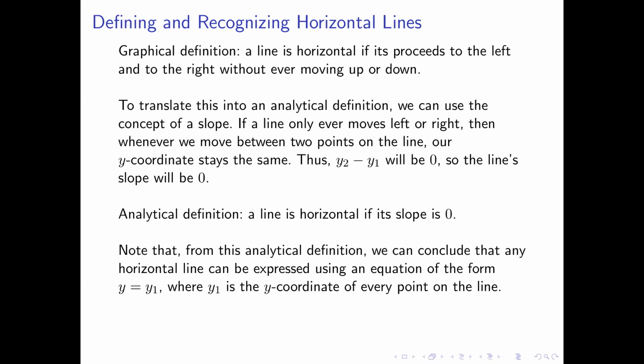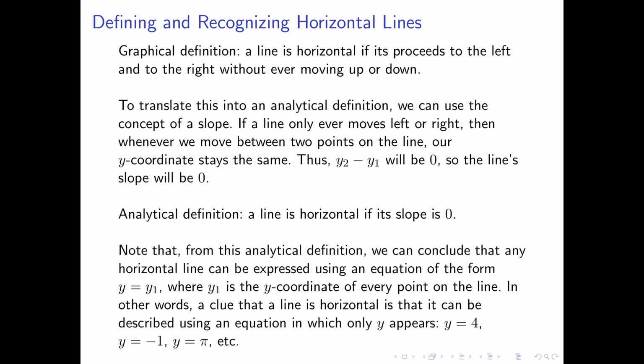And from there, we can draw a further conclusion. If you have a horizontal line, an equation for it can always be written in the form y equals y1, where y1 is the y coordinate that every point on the line shares. So you can often figure out just by looking at an equation for a line that it represents a horizontal line, because only y will appear in the equation. You'll have an equation like y equals 4, y equals -1, y equals pi, something like that.